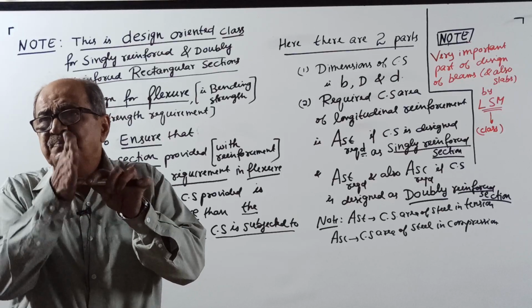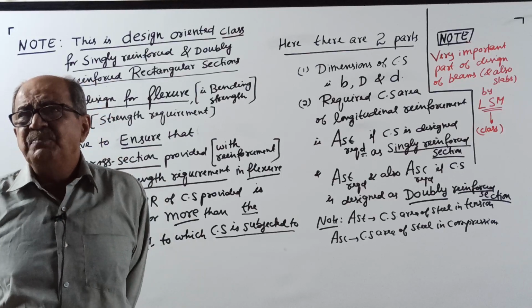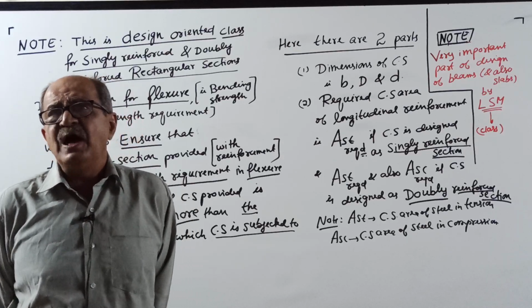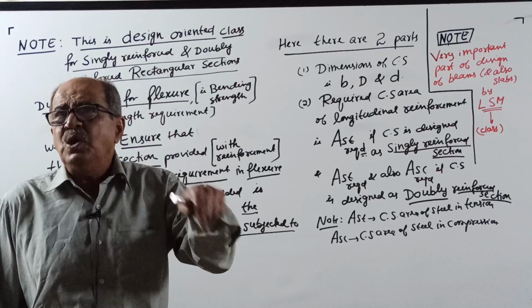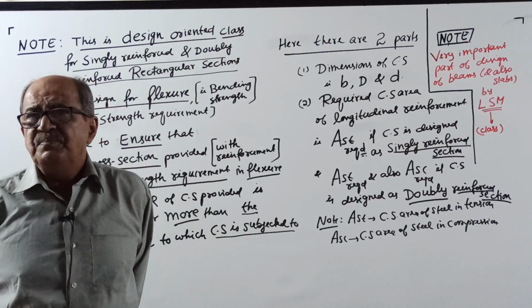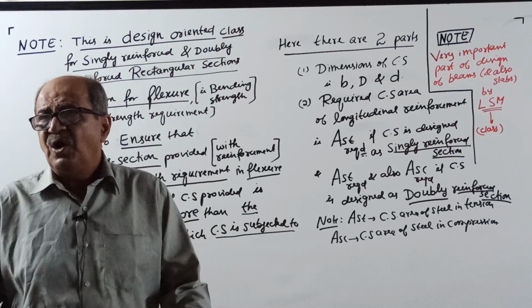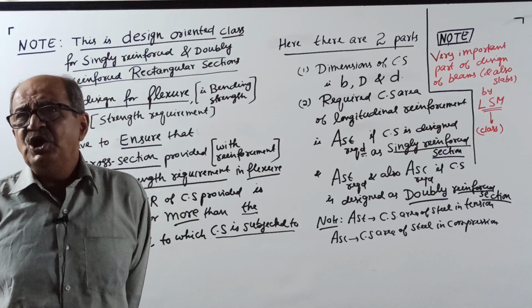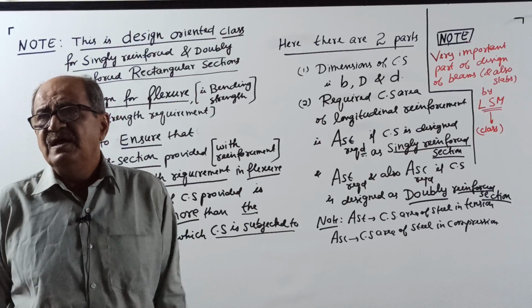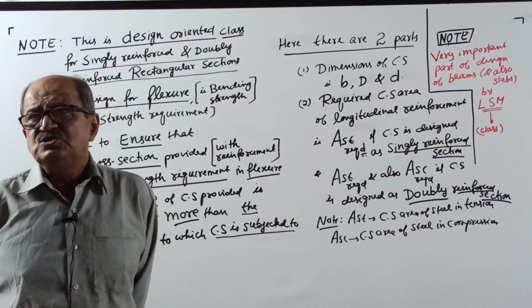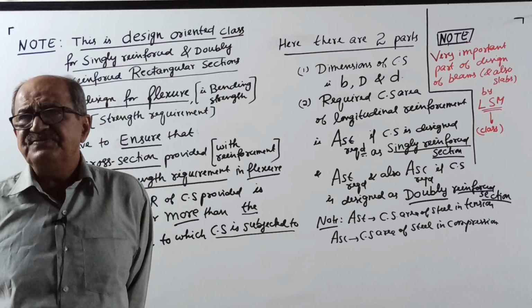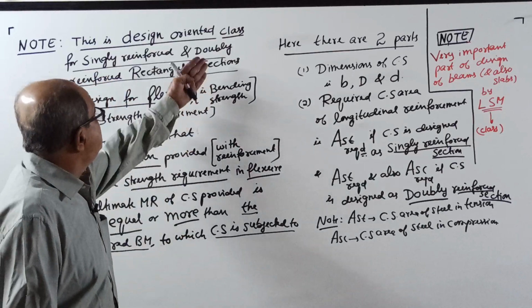The cross section provided should have capacity either equal to the section force, or higher. For example, if the bending moment is 50 kilonewton meter, the cross section provided should be able to resist either 50 or more than 50. Then it is safe.